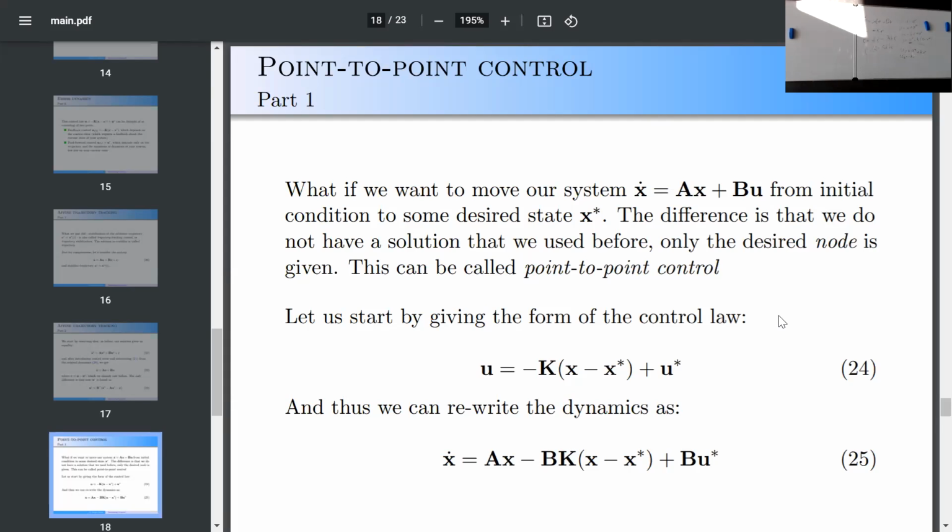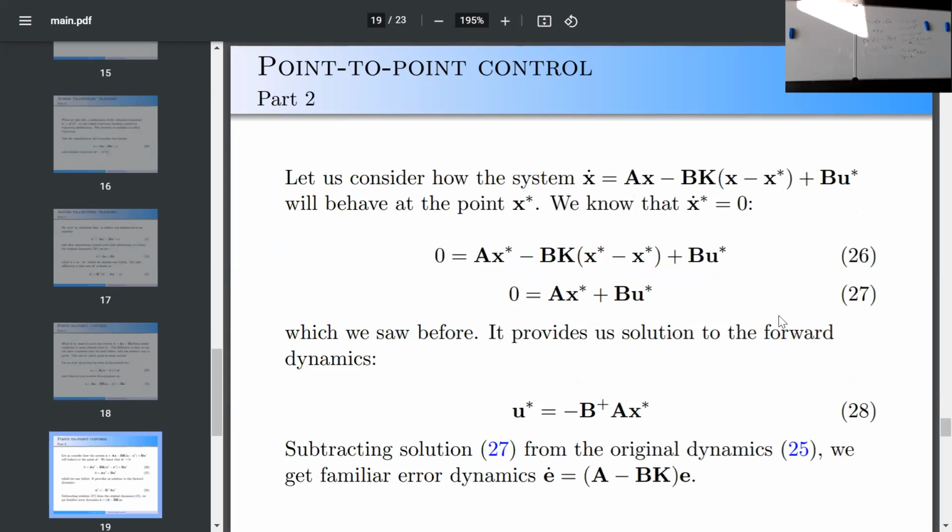Now, what do I do with it? First of all, let's take this equation, which is now at the top of the slide, and substitute our x desired into it.